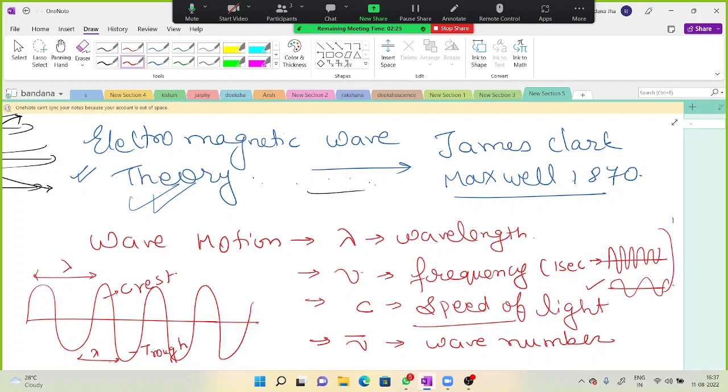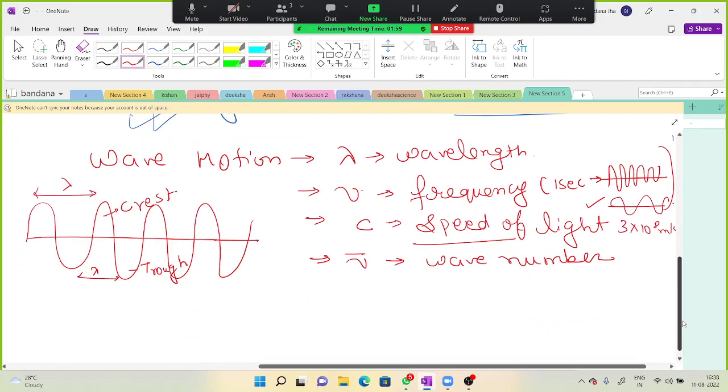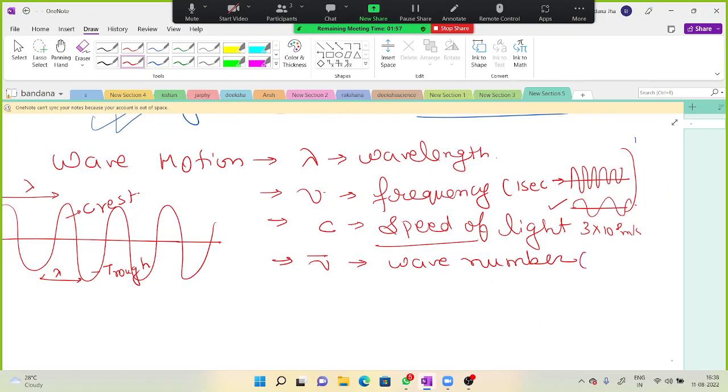The speed of light in vacuum is 3 into 10 to the power 8 meters per second. Wave number is the number of wavelengths per unit length.